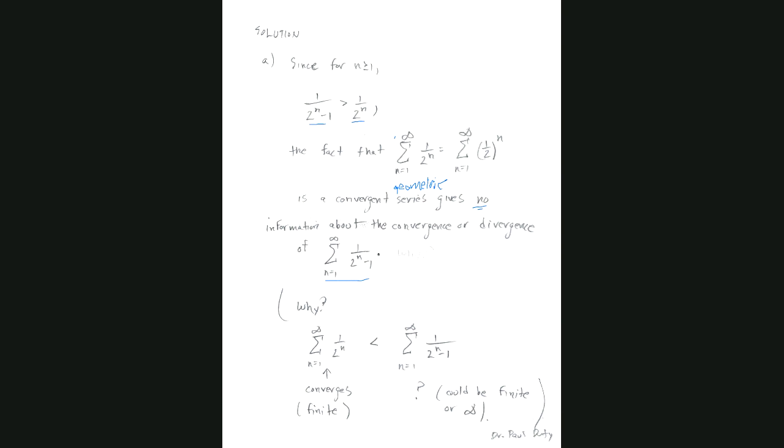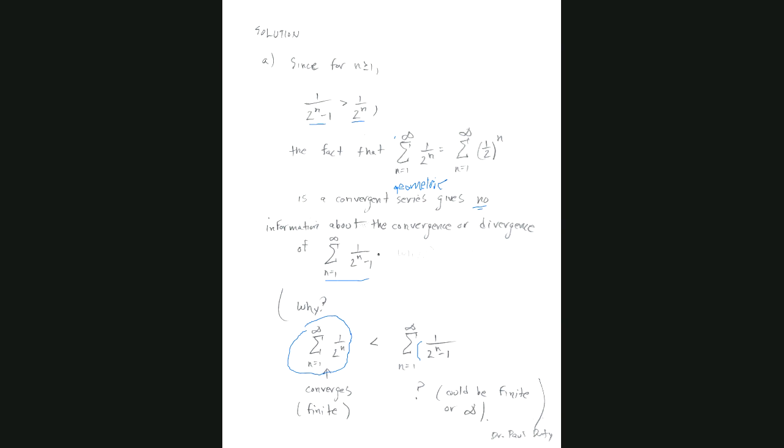You have a convergent geometric series, we all agree on that, but by virtue of the inequality, the terms of that geometric series are all smaller than the terms of the series that I'm interested in.